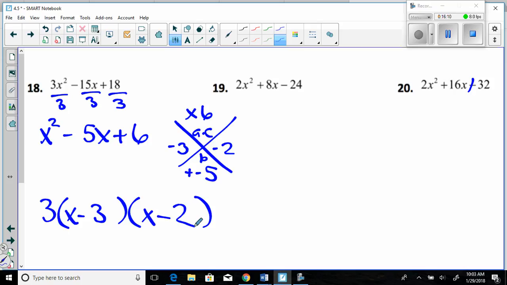So if you're multiplying to a positive, you know they have to be the same sign. So they're either both going to be negative or both going to be positive. This B is what's going to tell me if it's both negative or both positive. So there's no way that I can pay Kaylin $10 and pay her $15 and she'll be out negative money. That wouldn't make sense. It has to be 2 negative numbers if this is positive.